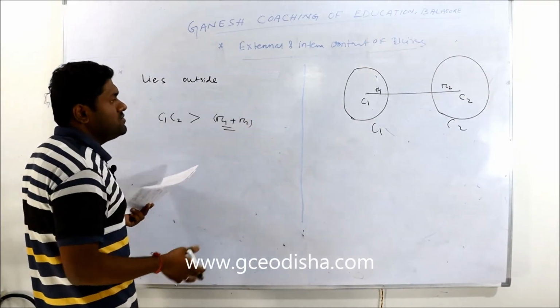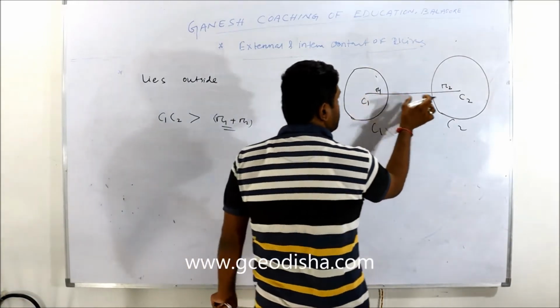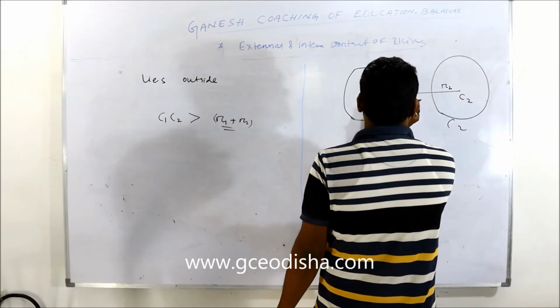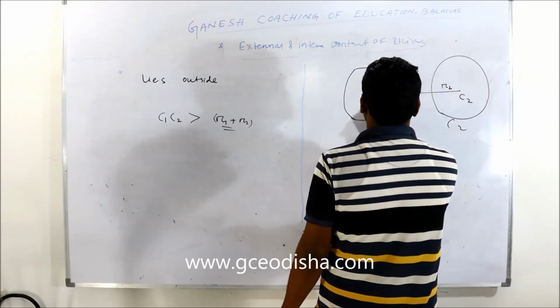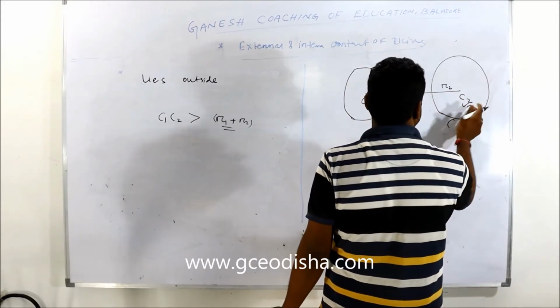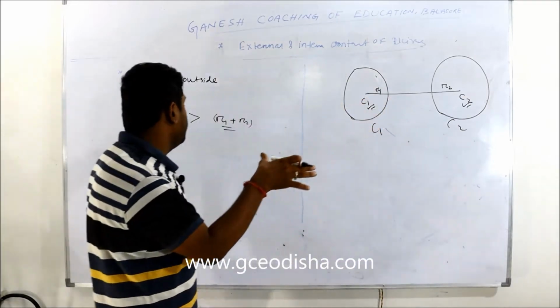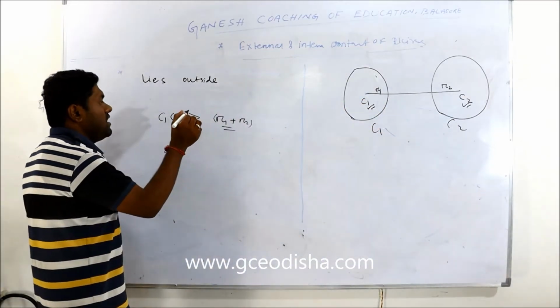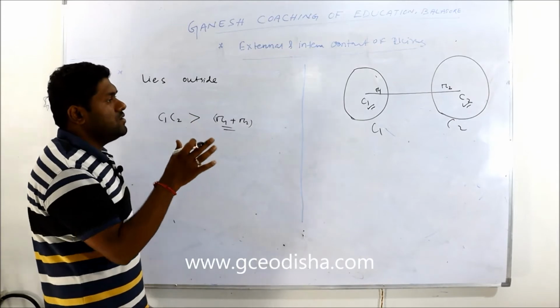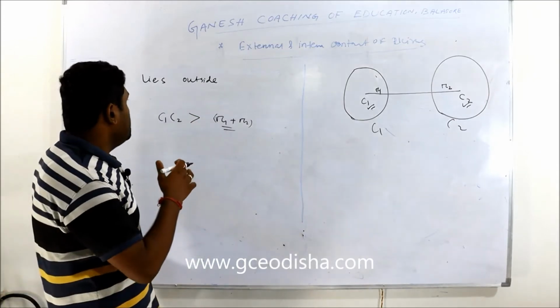By seeing the figure, this is R1 and this is R2. With the C1 and C2 coordinates, if the distance between C1 and C2 is greater than R1 plus R2, then the circles lie outside.